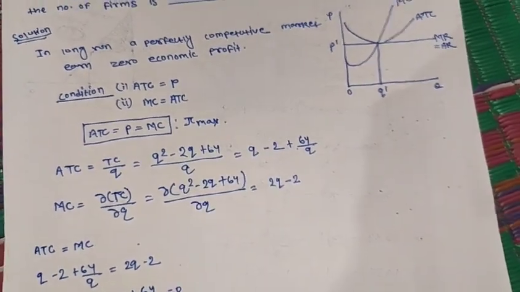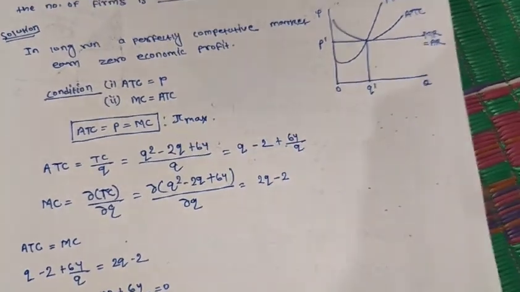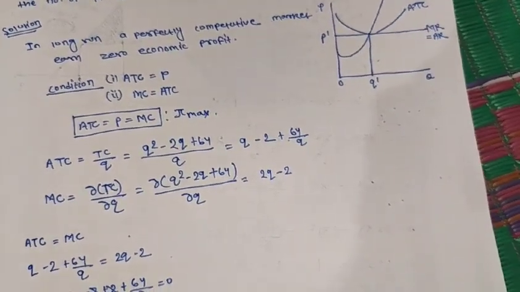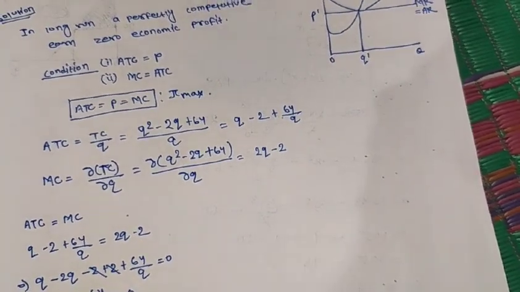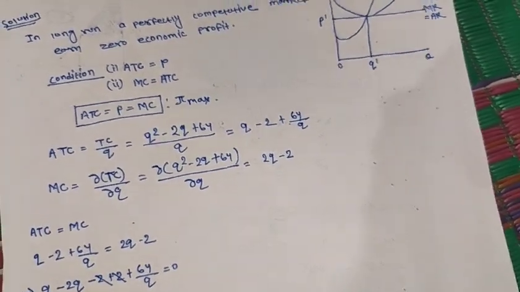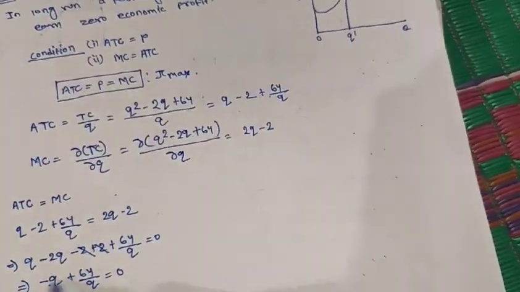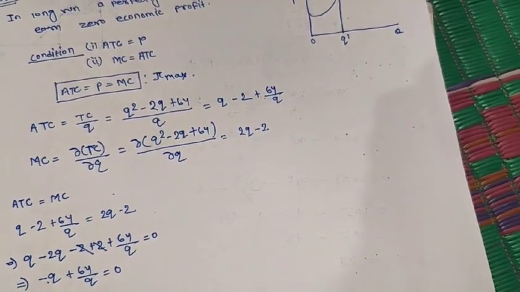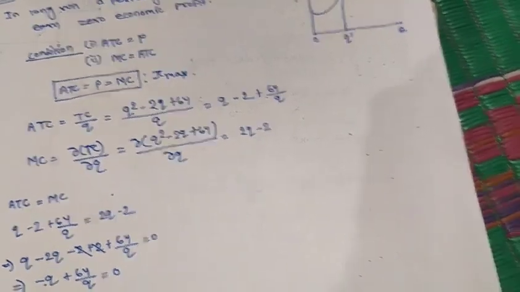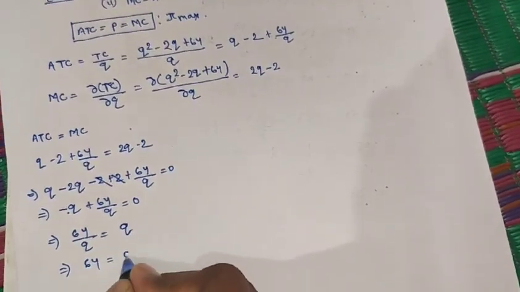Here minus 2 and plus 2 get cancelled, leaving minus Q plus 64 upon Q equal to 0. Now take this Q to this side: 64 upon Q equal to Q. Multiplying, 64 is equal to Q times Q, and when Q is multiplied with Q, it becomes Q square.